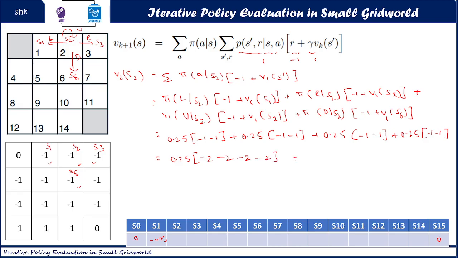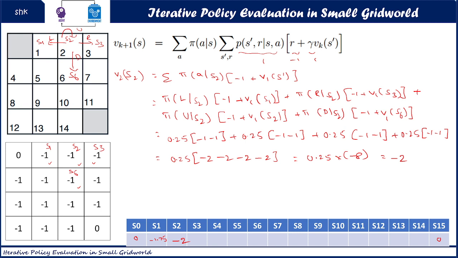How much do you get? Minus 2, minus 2, minus 2, minus 2, that is minus 8. So 0.25 into minus 8, which we are going to get as minus 2. Now we will update S2 as minus 2.